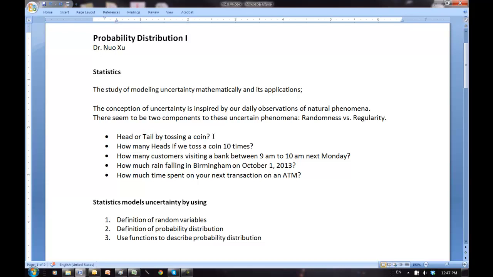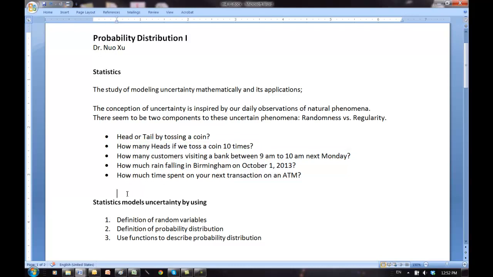But on the other hand, in the long run, we know as long as the coin is a fair one, the chance of getting a head is the same as the chance of getting a tail, both being 50%. I will leave it for you to go through the remaining 4 examples to identify for each example the component of randomness and the component of regularity.